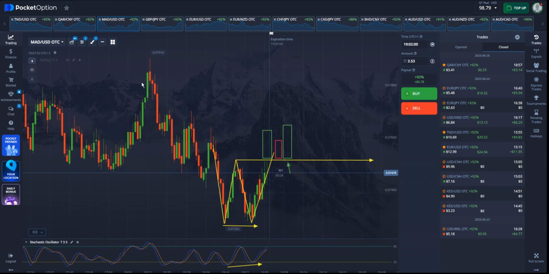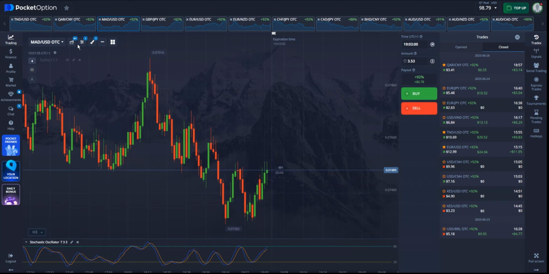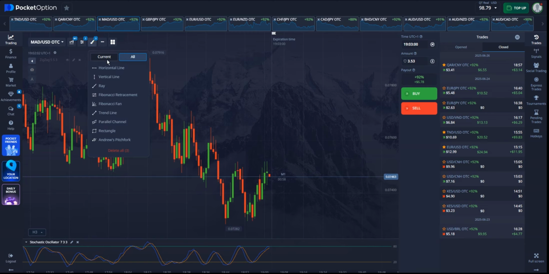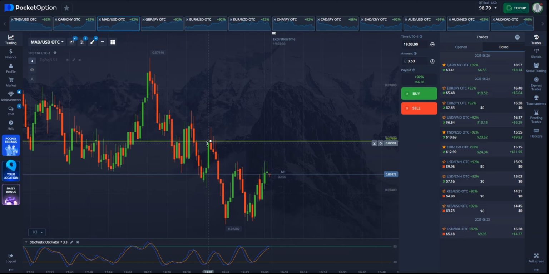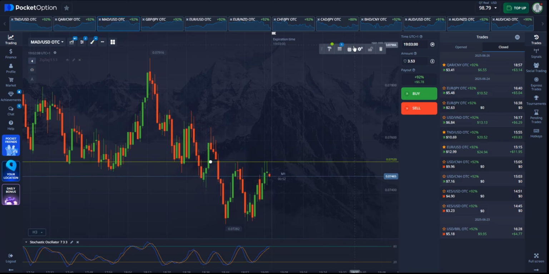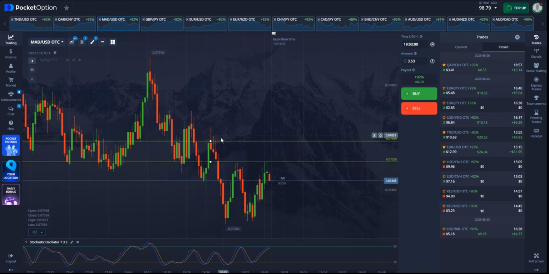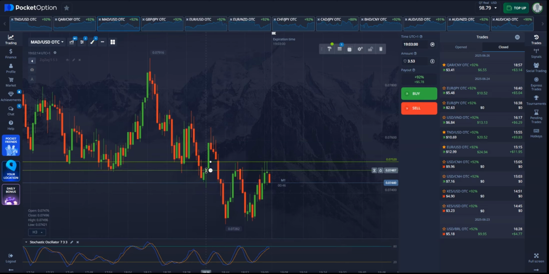That's the best trade to take, just like the previous one I took. So let's draw our resistance line. Only if we have a breakout, then we'll take the trade.